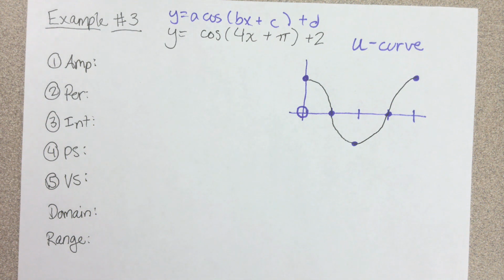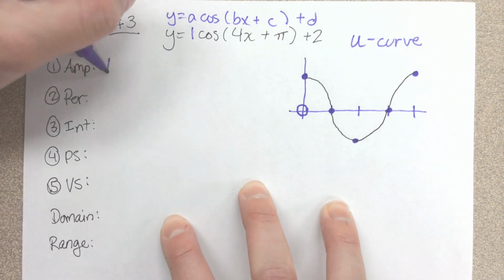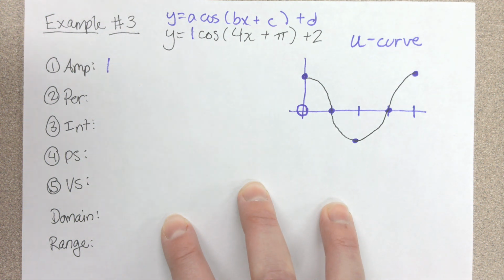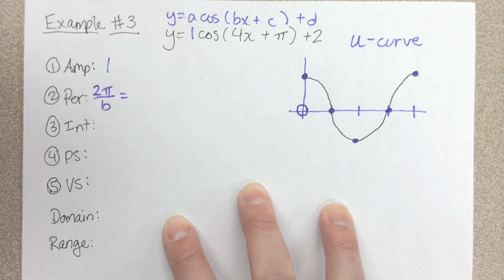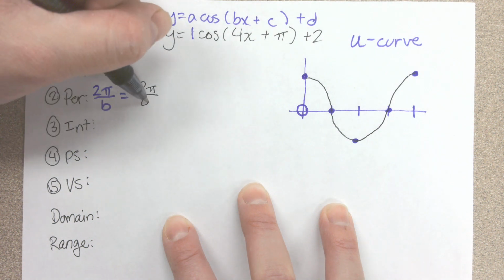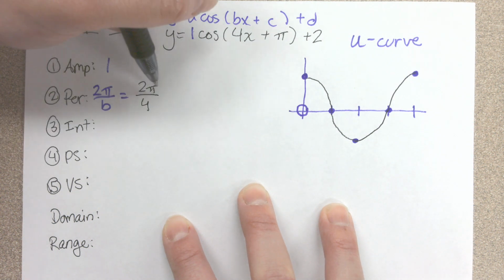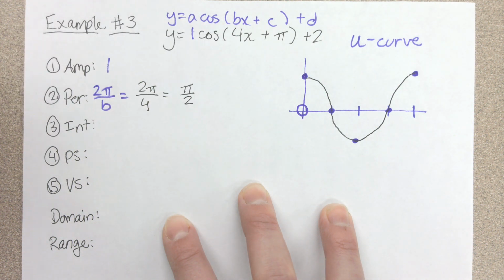Filling out the list from there. Amplitude, no number in its spot, so it's just going to be 1, standard amplitude. Period, 2 pi over b. 2 pi over b has a 4 in its spot. So that's pi over 2 for the period.